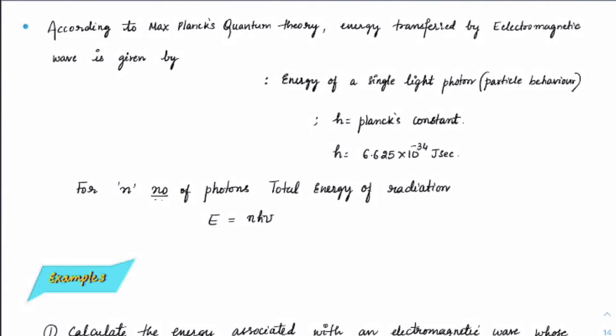Next, the energy carried by electromagnetic radiation can be given as h into nu, where h is Planck's constant and nu is the frequency of that wave. Or I can write this as hc by lambda, or hc into nu bar, because nu bar, which is wave number, is nothing but 1 by lambda.